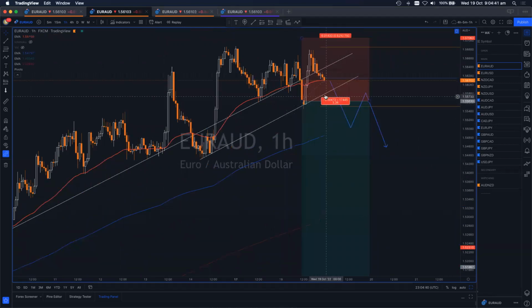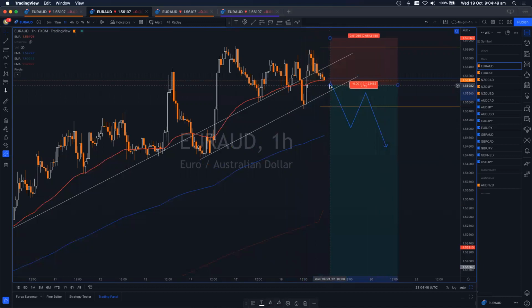Now we missed that entry as yesterday, but we could get another one very soon today. Get in here, there's a possible 4% to the daily 50. Obviously, the closer you are to this top, the better your profits, the better the reward risk.